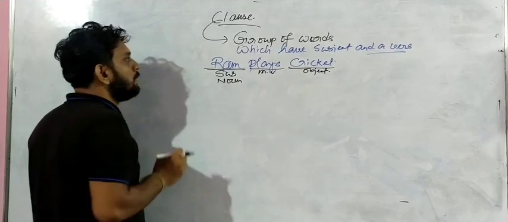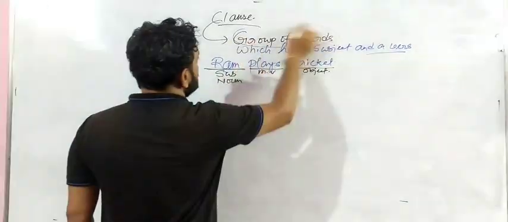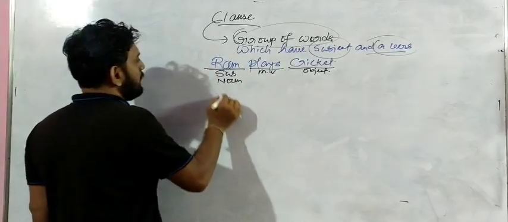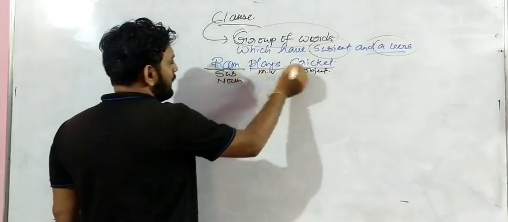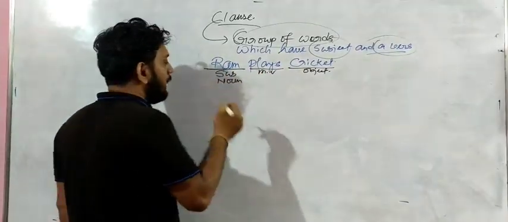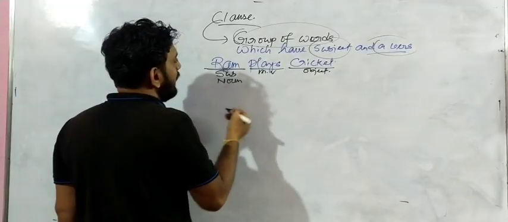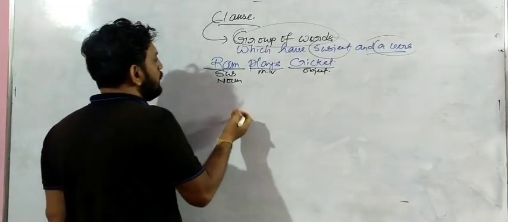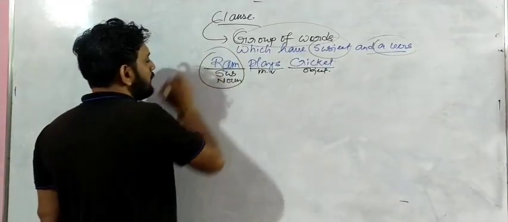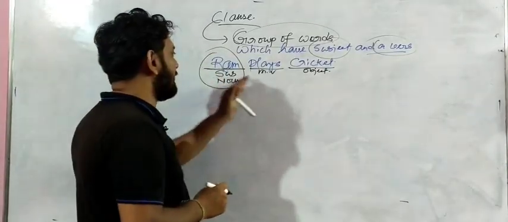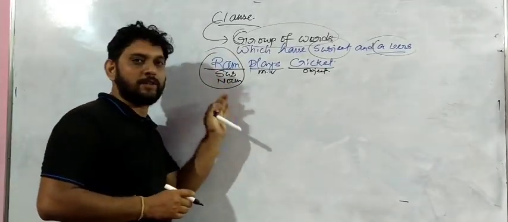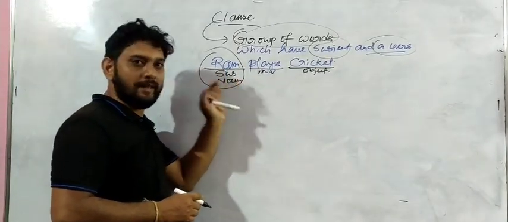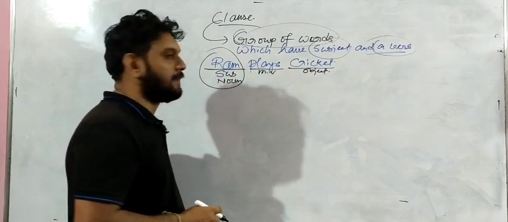Now, clause is a group of words which have a subject and a verb. That means Ram plays cricket is a sentence. Now how can we decide whether it is a clause or not? First, we need to check whether this sentence has a subject or not. Yes, Ram is the subject over here.